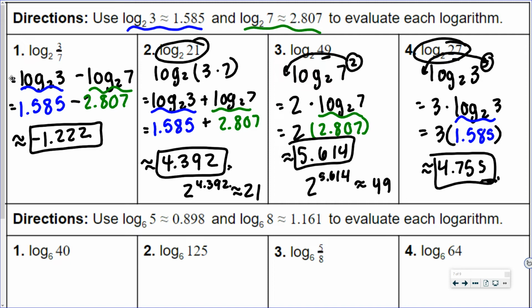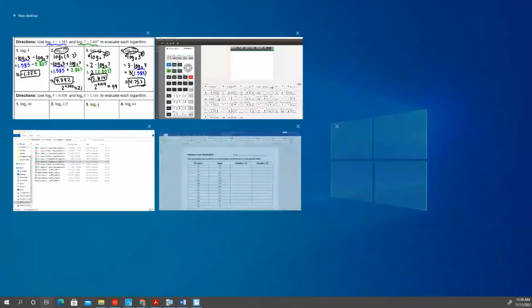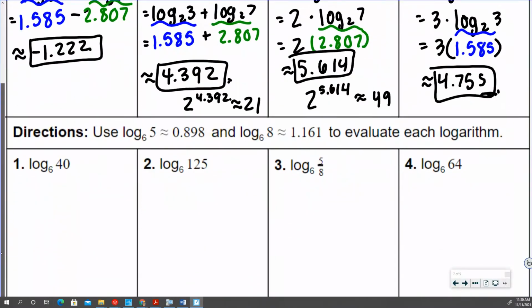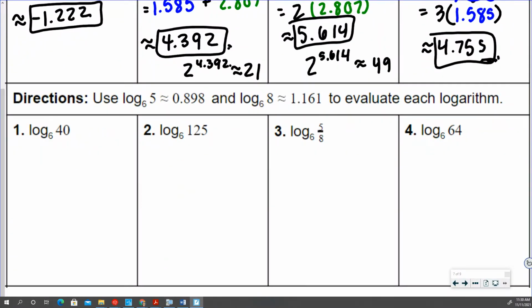All right, I have one for you guys to try on your own. Think of it as like a little game against yourself. Try these ones. And you can keep checking your score out of 4. It'll be fun. This time you're getting log base 6 of 5 and log base 6 of 8.